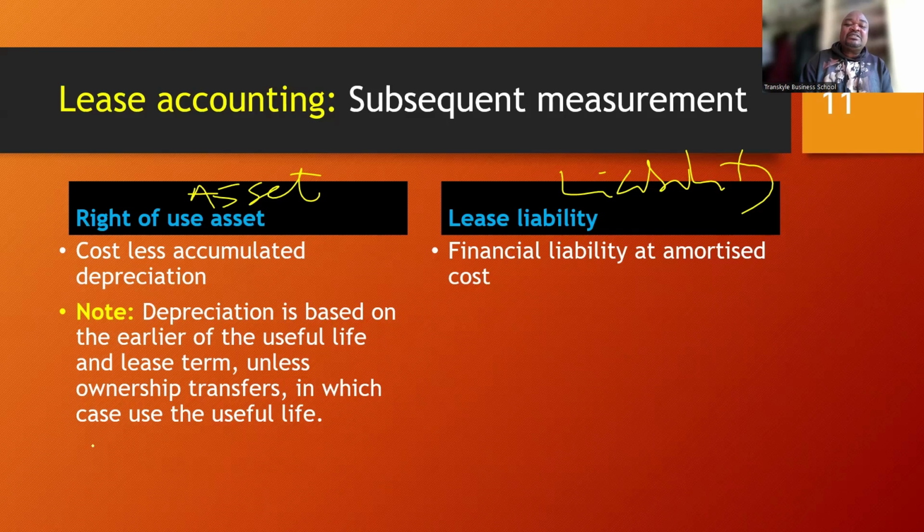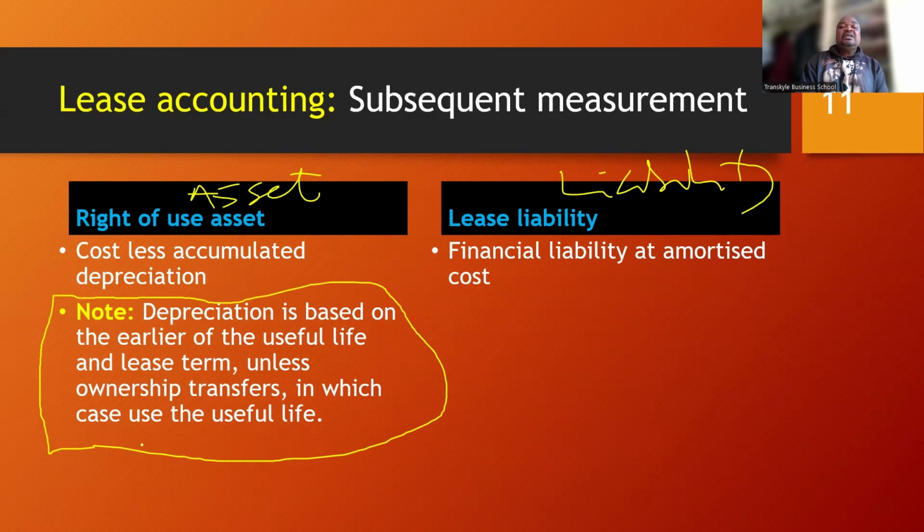Here we are simply saying that you need to read the whole scenario to get all the facts. If there is an option that the lessee can buy the asset at the end of the lease term, and there are chances that they will go for that option, then you use the useful life; otherwise, use the earlier of the useful life and the lease term, unless the lessee wants to buy the asset and is likely to buy it.